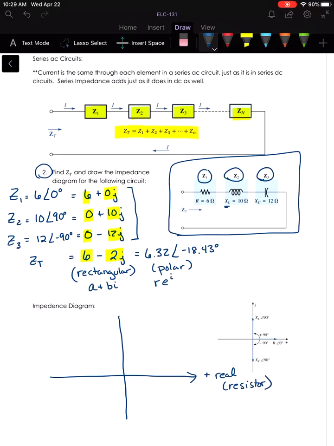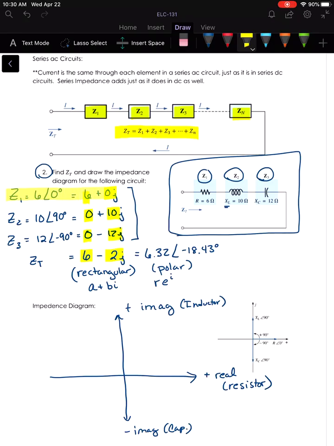That's where you'll see your resistors in your circuit. This is the positive imaginary, which is your inductor or inductive elements. This is the negative imaginary, and that's where you're going to see your capacitor.